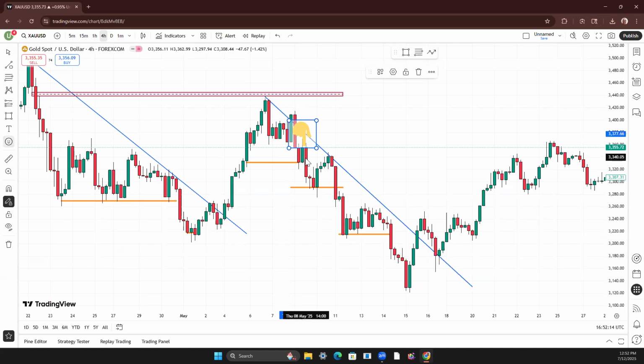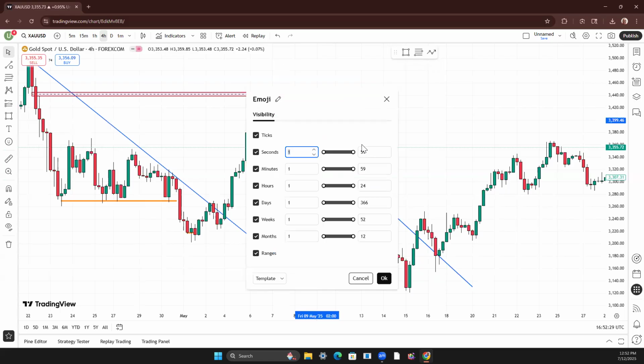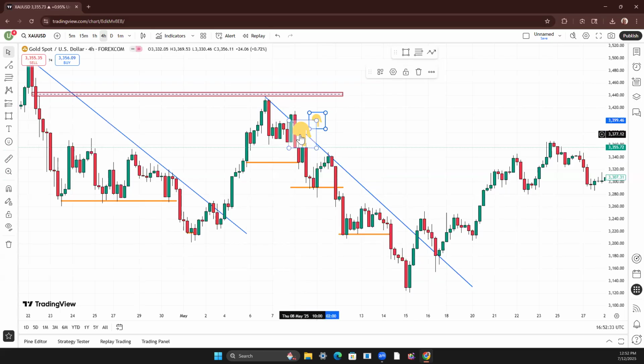You would enter here on the pullback. Let's make that smaller. Into the pullbacks, break the structure. They pulled back. You enter here.